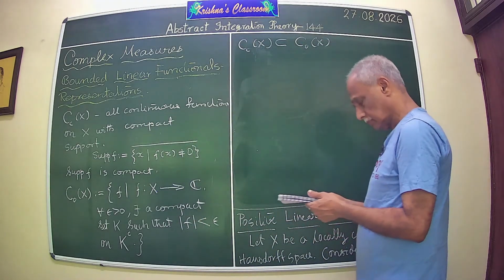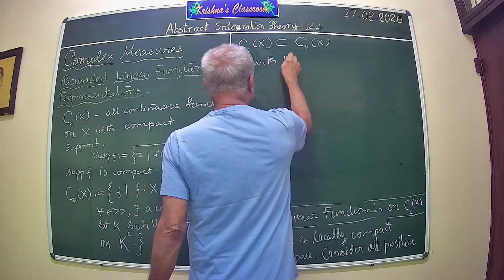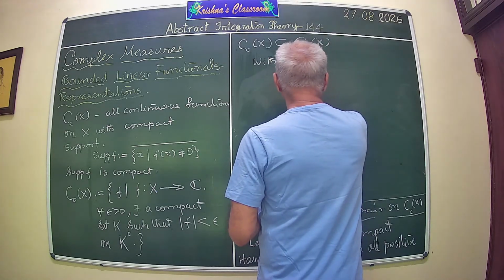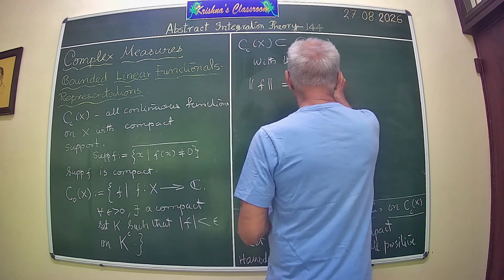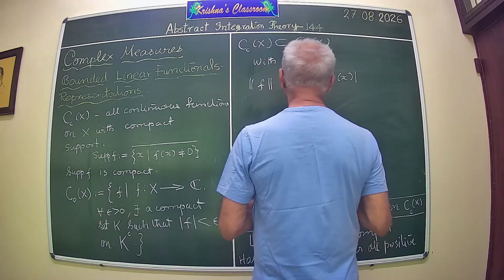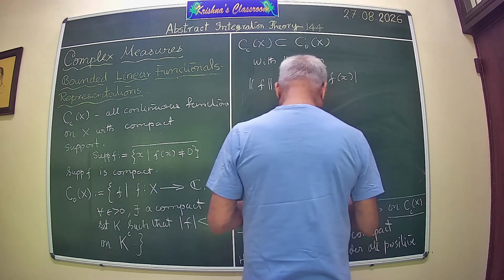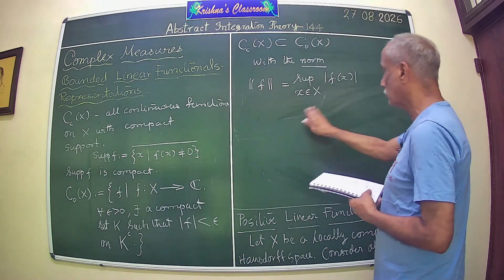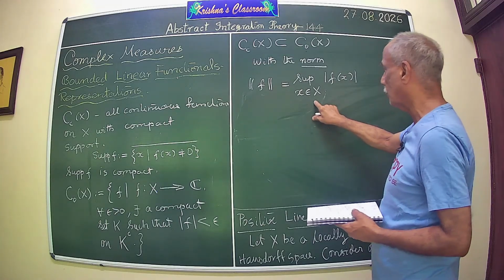C naught x, and also with this property, with the norm which is well defined, namely when you take a function with compact support, then this is going to be over the support of f.